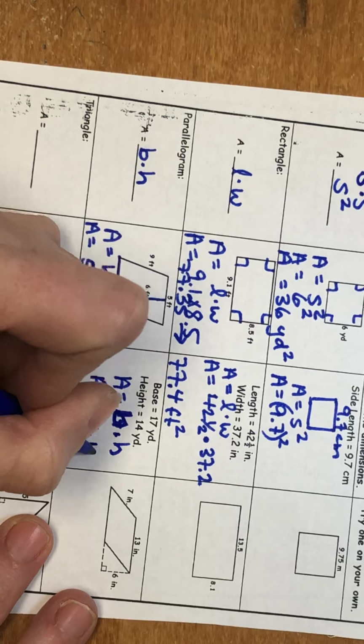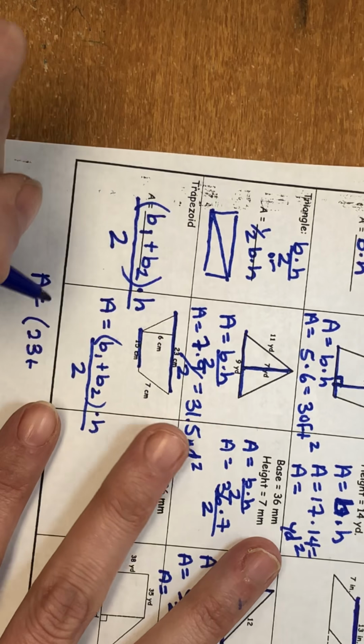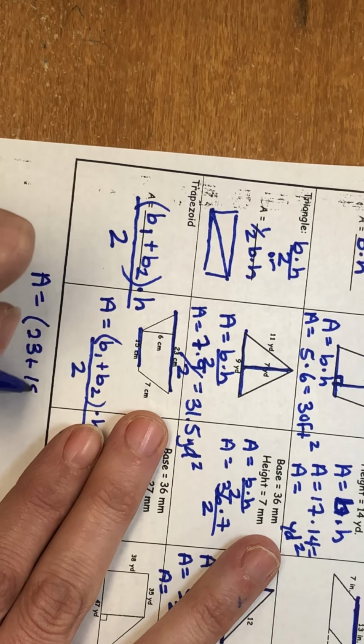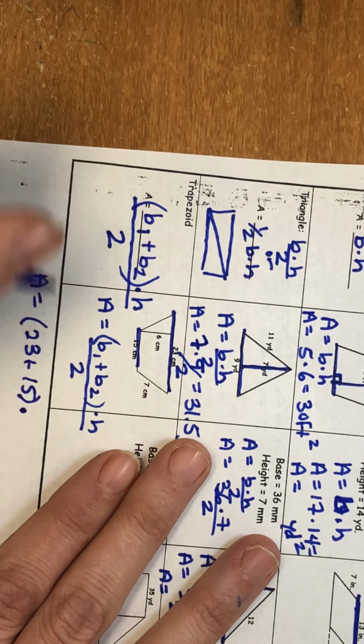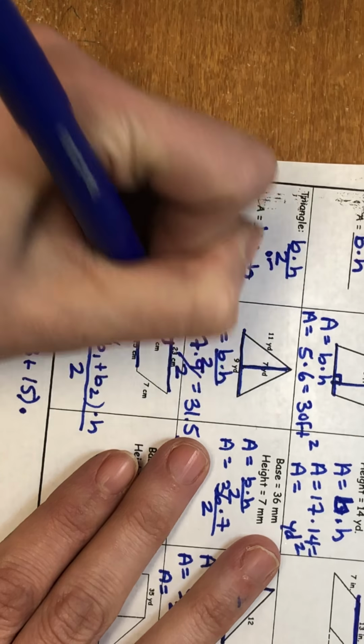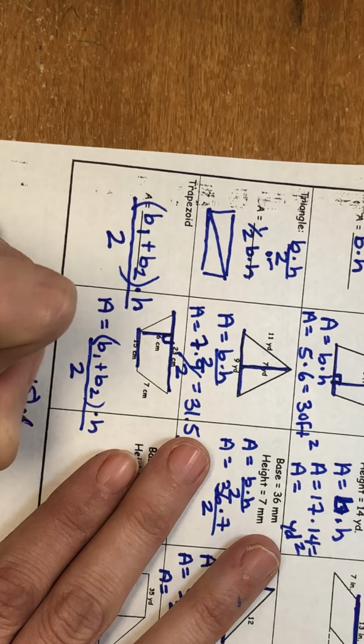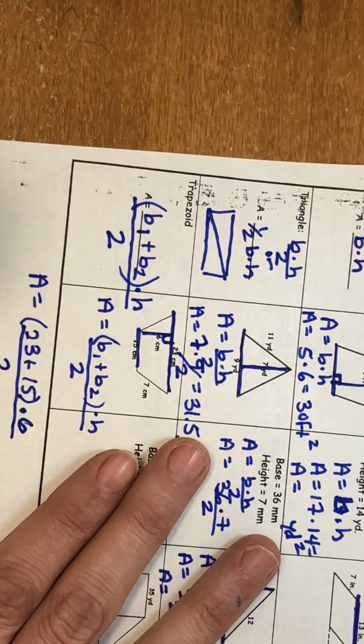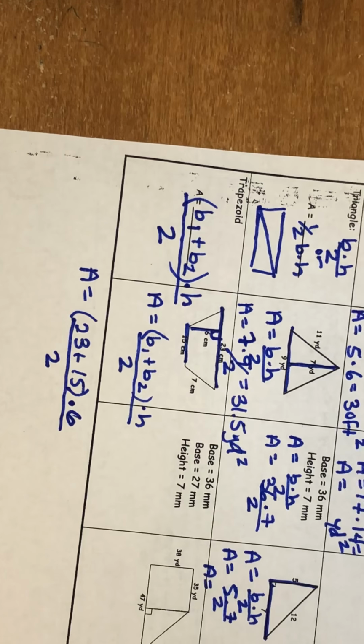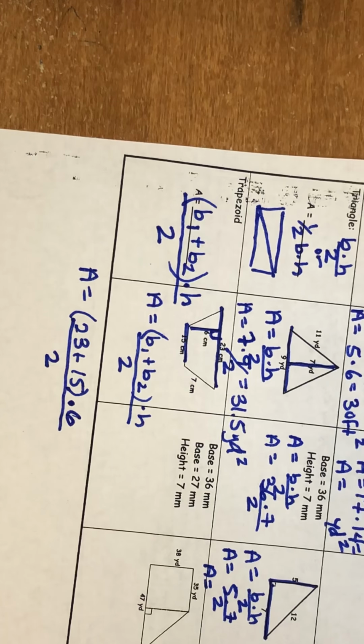So for this one, these are my 2 bases. Remember, the 2 bases have to be parallel. Parallel means the lines do not cross. So I'm going to plug in my 2 bases: 23 plus, this is the bottom one, 15, times my height, which has to be perpendicular to my base. My height is 6, and then divide everything by 2. So I'm going to add 23 plus 15.